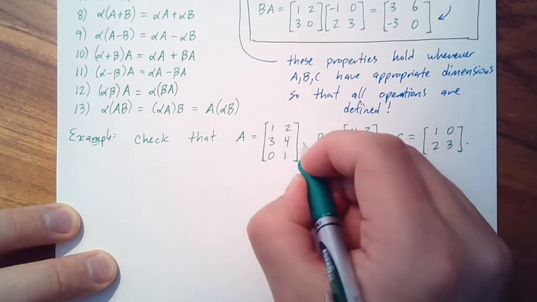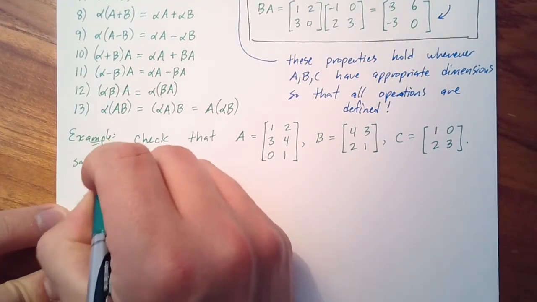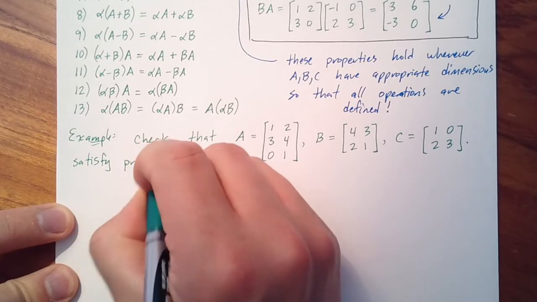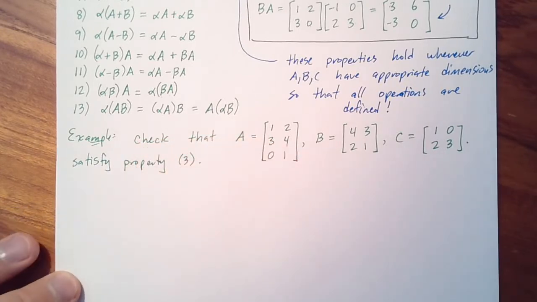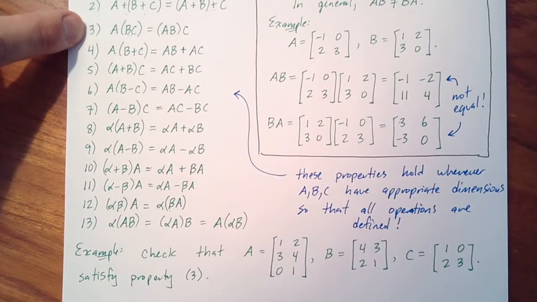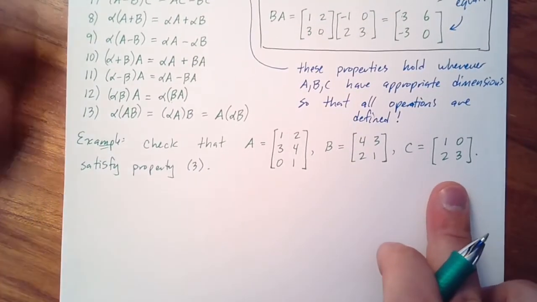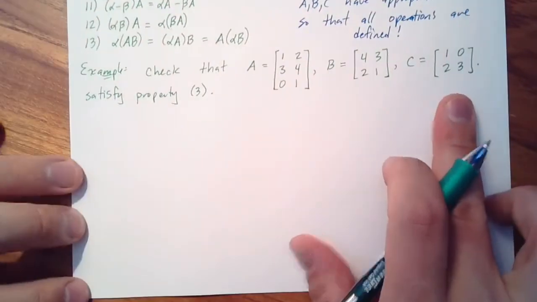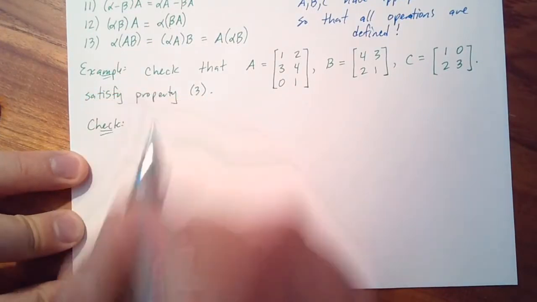So check that those three matrices satisfy property 3. That's what we're going to do. In other words, check that this equation up here, property 3, is satisfied when A, B, and C are given by these matrices. So how are we going to do this? Let's perform the check.